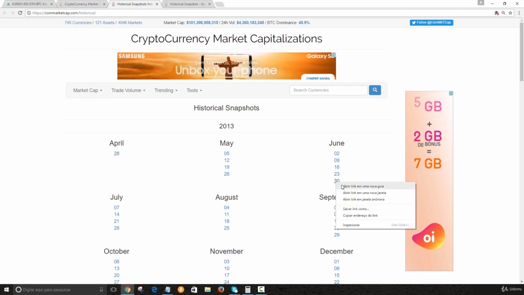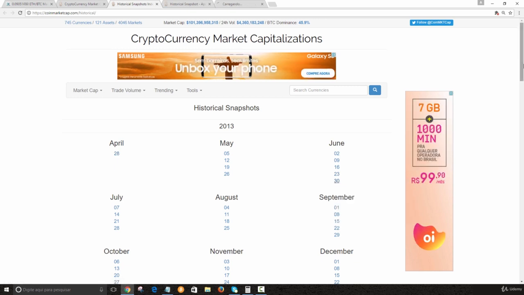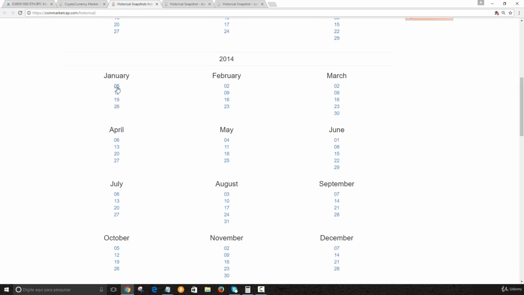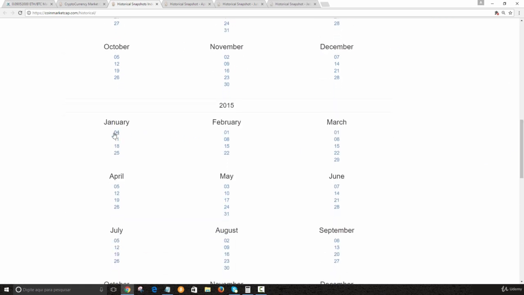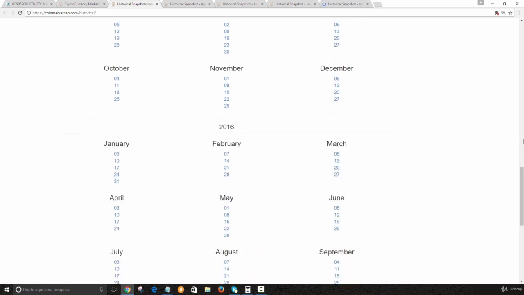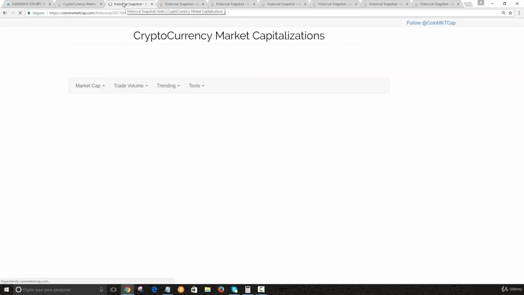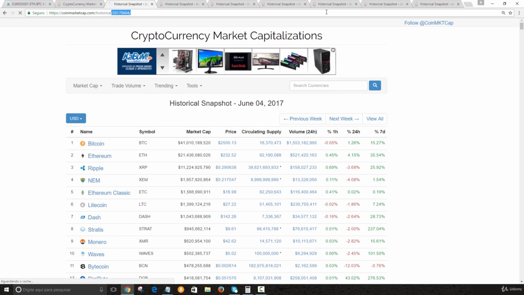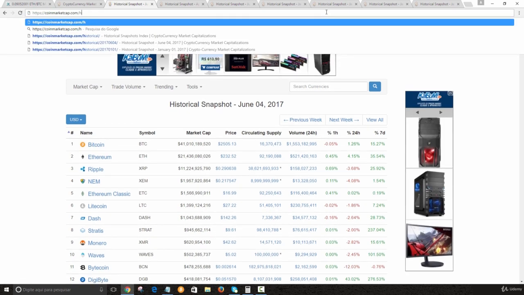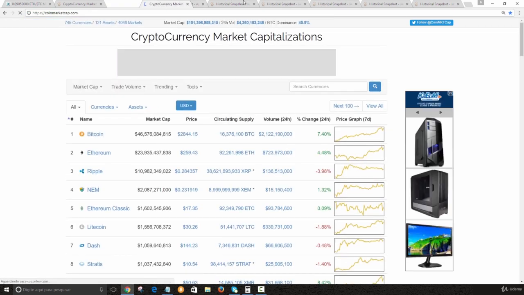Then let's go year by year: January 2014, January 2015, January 2016, January 2017, and the current situation of Coinmarketcap. Let's put it until here on the home page, and then it'll give us the exact information.